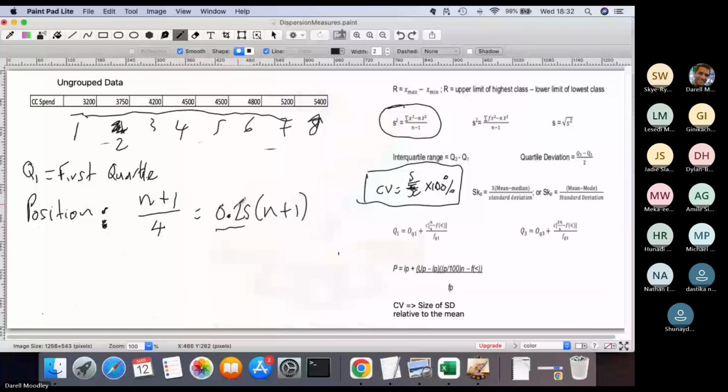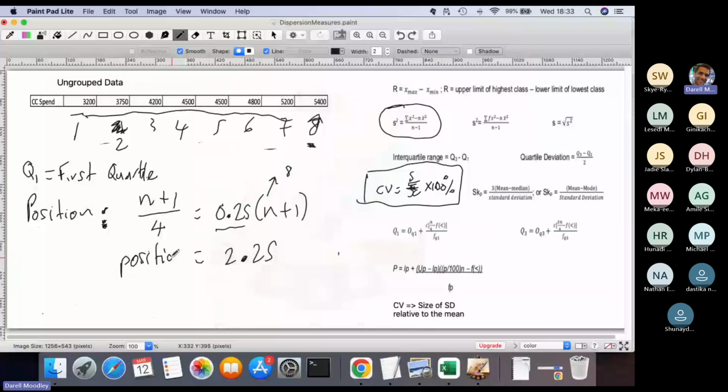Your n is how many data points you have, and we have 8 data points. So we substitute n into that, and you'll get 0.25 times 9, which is 2.25. So that's just the position. Just remember that we haven't found the first quartile yet. This is just the position.